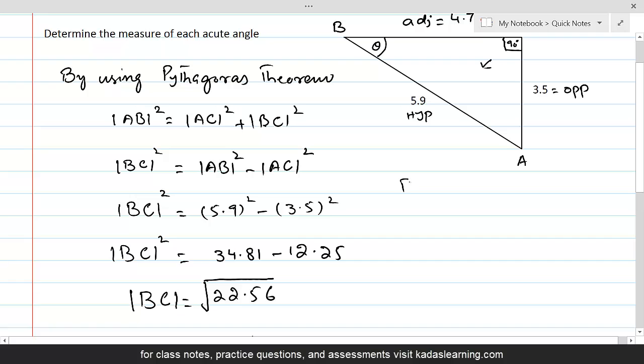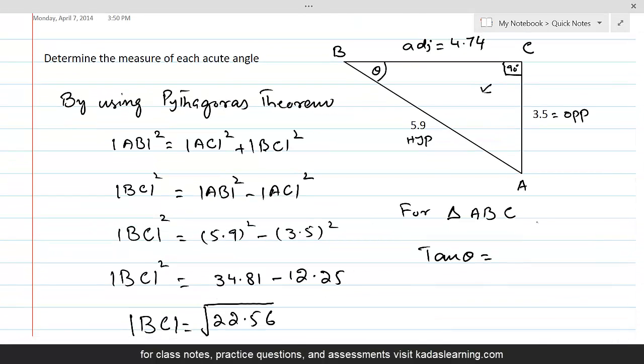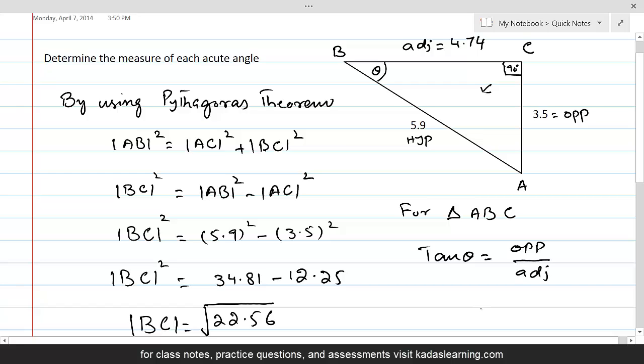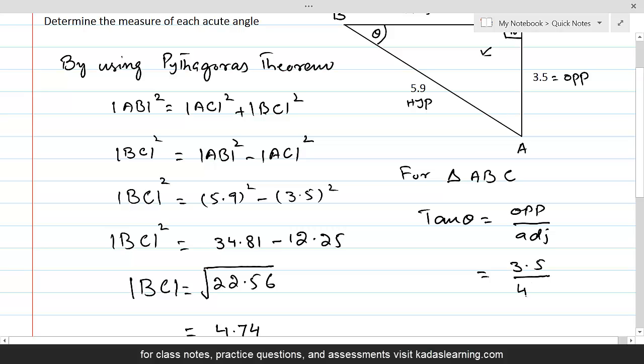Now we have adjacent, we can use tangent ratio. For triangle ABC, tan theta is equal to opposite over adjacent. This is equal to 3.5 divided by 4.74.